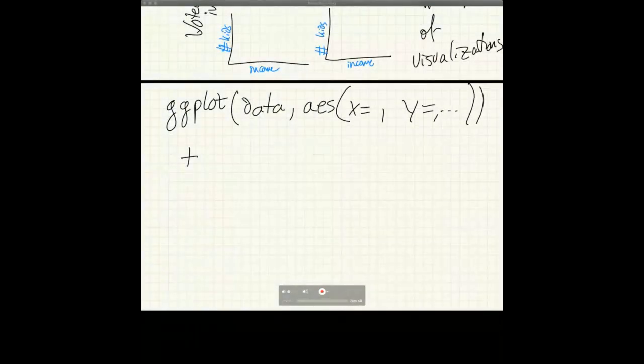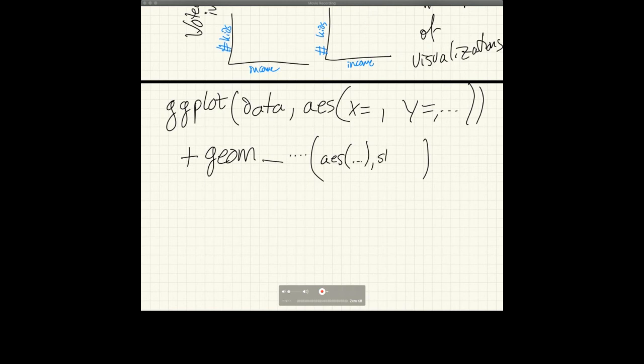You're going to add to that generic specification a geometry of some kind, which can have its own aesthetics and also its own data, but then also has a statistic that it uses implicitly to summarize your data.